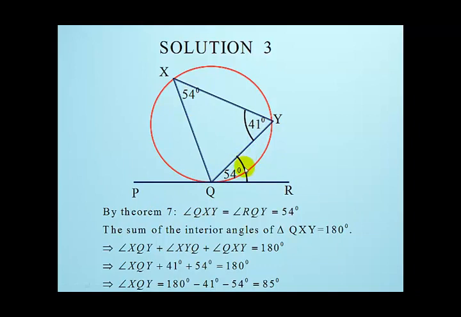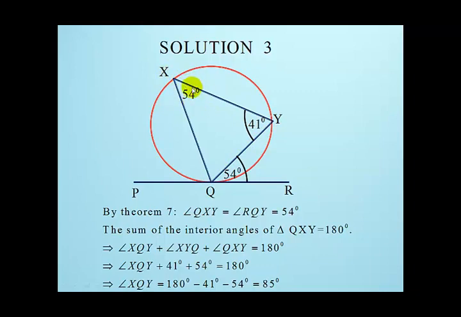I repeat, from the question we were given angle YQR to be 54 and angle XYQ to be 41 degrees. Now QY is a chord, and the angle that the chord QY subtends at the circumference, that's at point X, equals 54 degrees. Why is it 54 degrees?